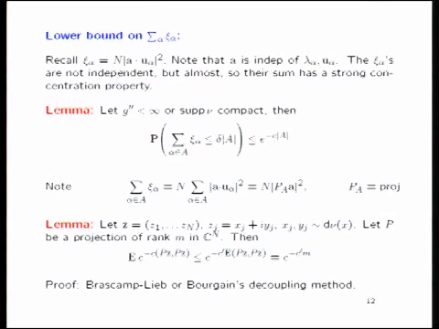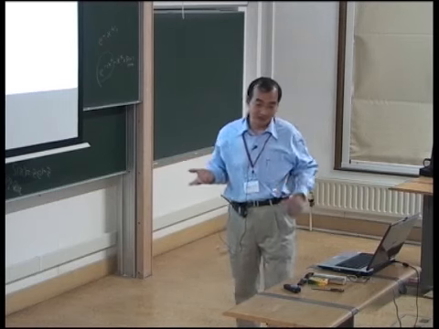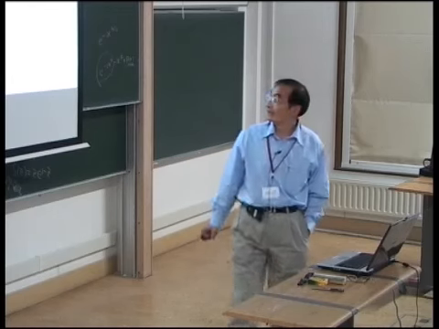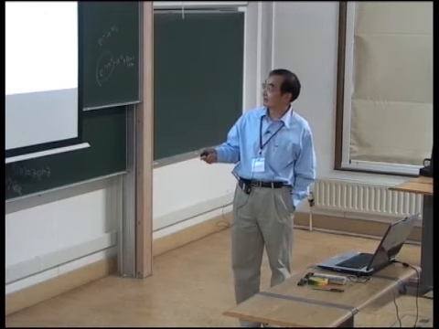Then the probability that the projection of z onto this rank m subspace is small is less than e to the minus constant times m, where m is the rank. This means that if you take IID random variables and project in any direction, then basically it behaves almost like independent, at least in the sense of the large deviation that you care about.